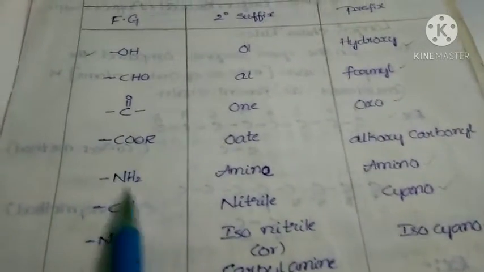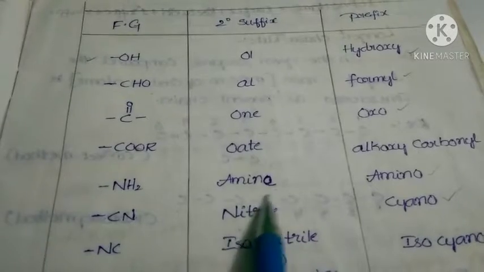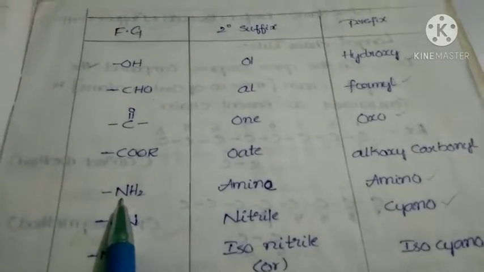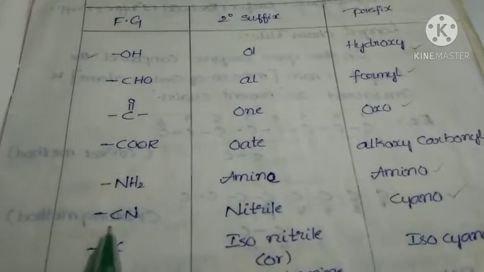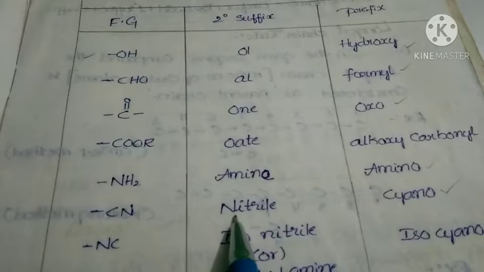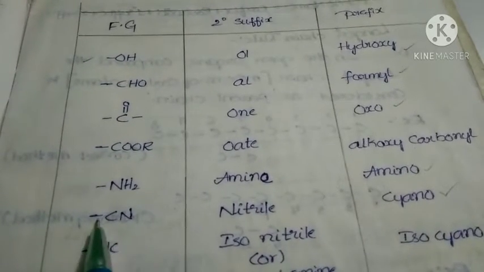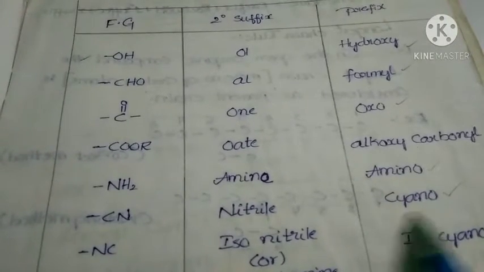If NH2 is present, then its secondary suffix is amine. If it is present as a prefix, then it is called amino. If CN is present, then its secondary suffix is nitrile. If CN is present as a prefix, then it is called cyano.